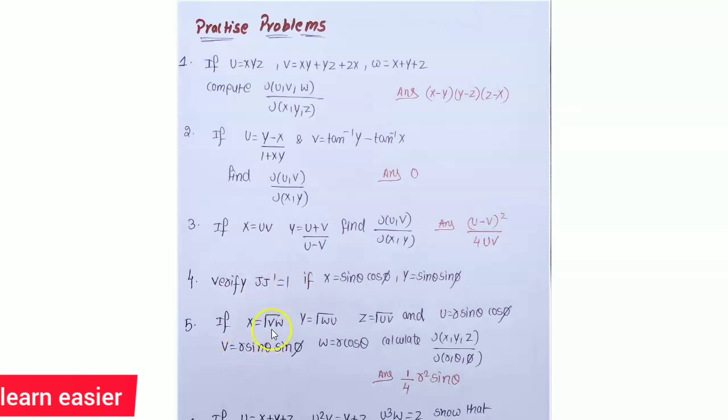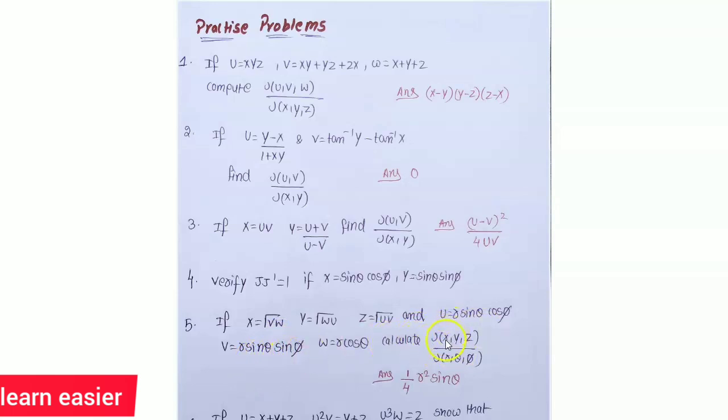So the next problem is, here you have x, y and z functions and u, v and w functions. So here you have to use the chain rule, because here x is based on u, v and w, and u, v, w are based on r, theta and phi.